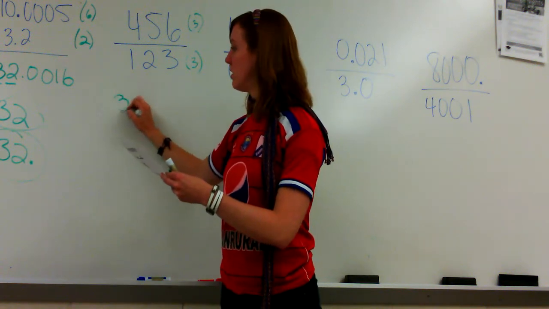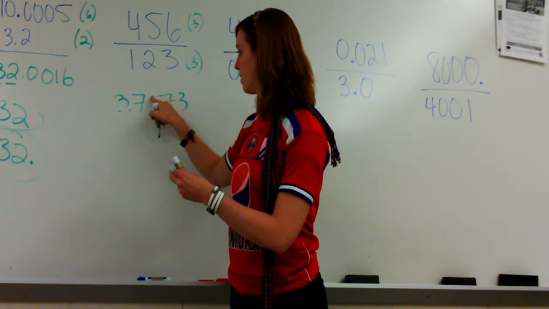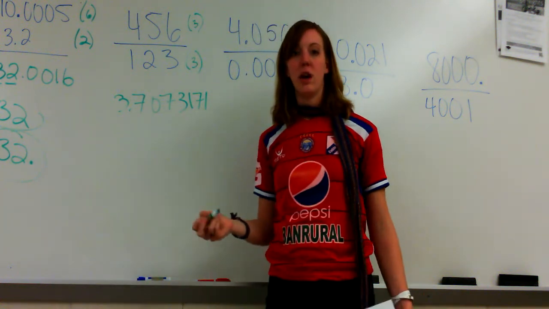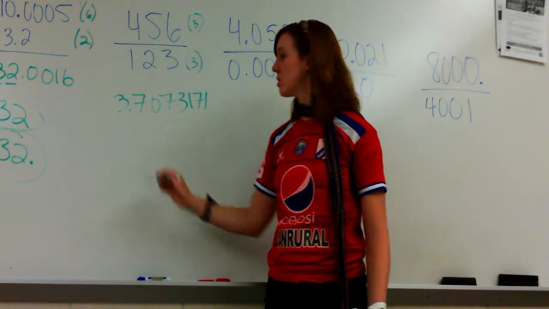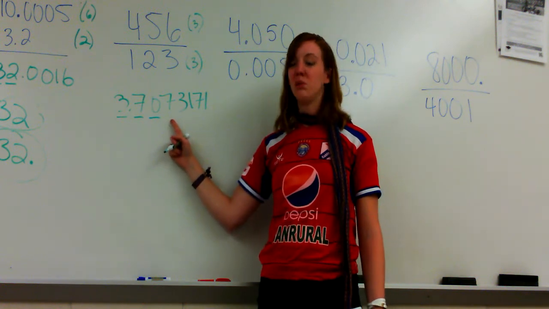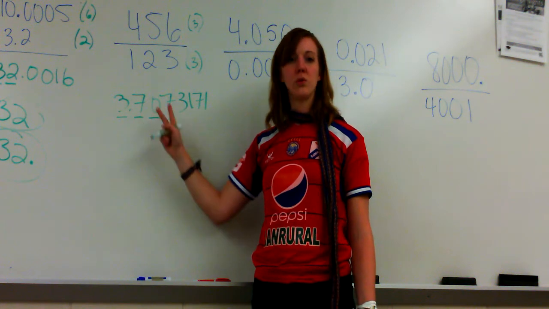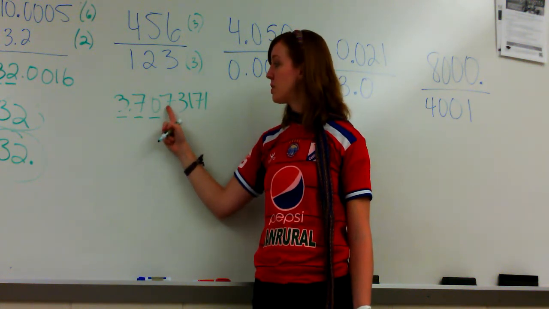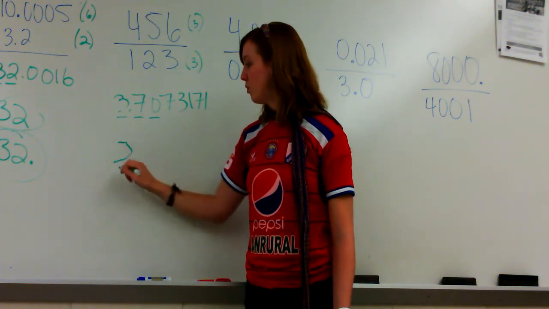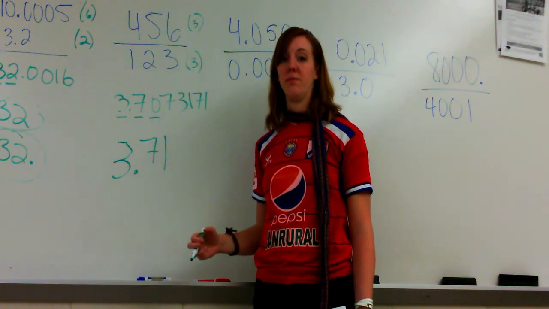My calculator says 3.70731707. I'm only allowed 3 digits. So I need 1, 2, 3, but look, that 7 means I'm going to round up. Now for some reason I saw a lot of students round in weird ways. This will only round up this next digit. So my final answer is 3.71.